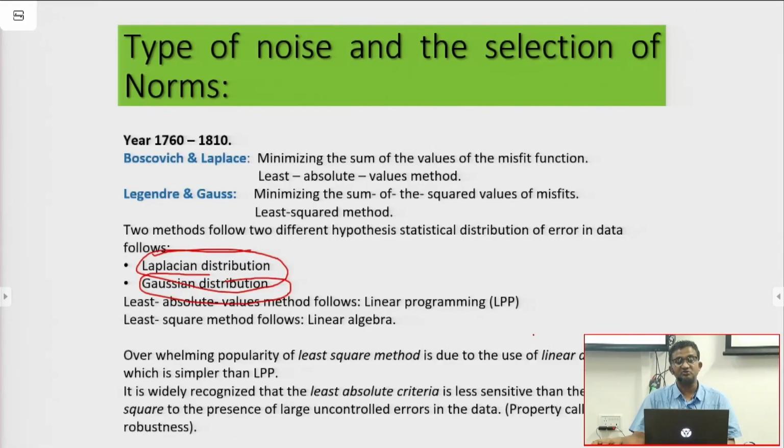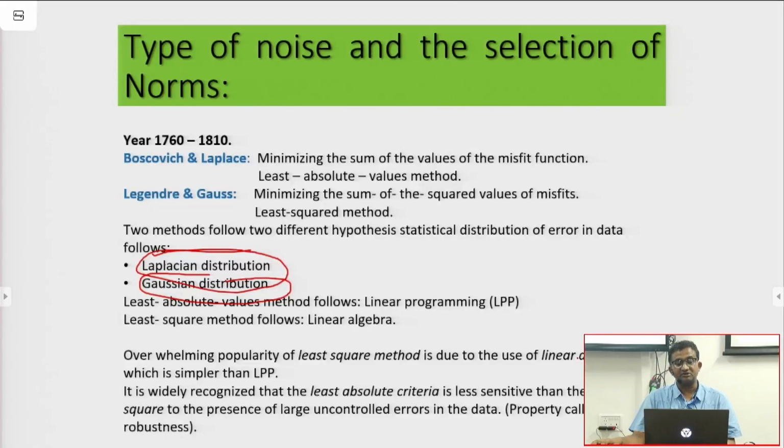The least squares method, or L2 norm, is based on linear algebra, whereas the least absolute values method, or L1 norm, is based on LPP. And depending upon the outliers, it has been recommended that the absolute-based method is far more stable compared to the L2 or least squares method when outliers are a concern in your data.